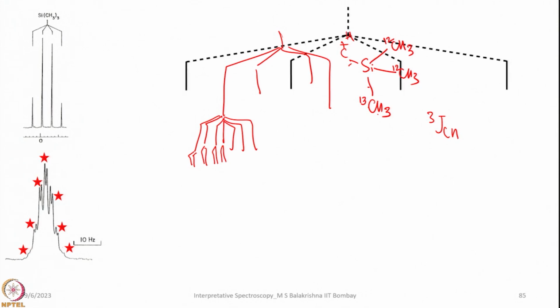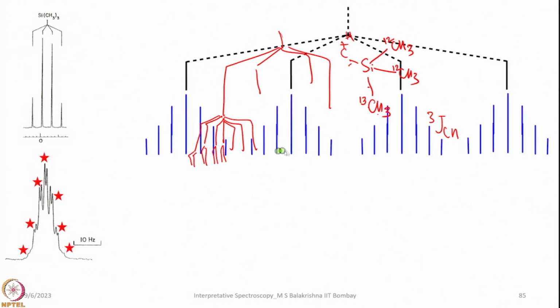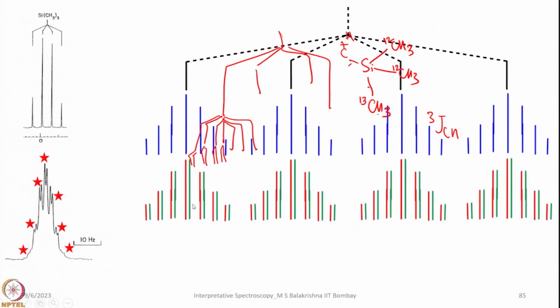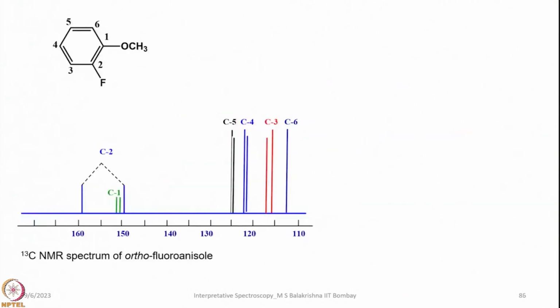You can see here, I have shown here a quadret. Each quadret is split into 7 lines, and then each line in the septet is further split into a doublet because of 3J CH coupling, and then eventually it appears like this. It is very simple to understand if we expand and get the fine spectrum.